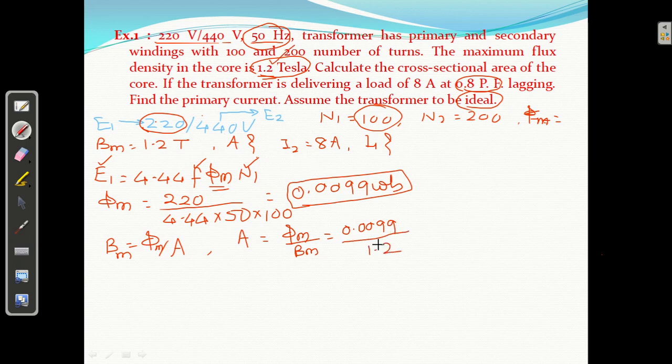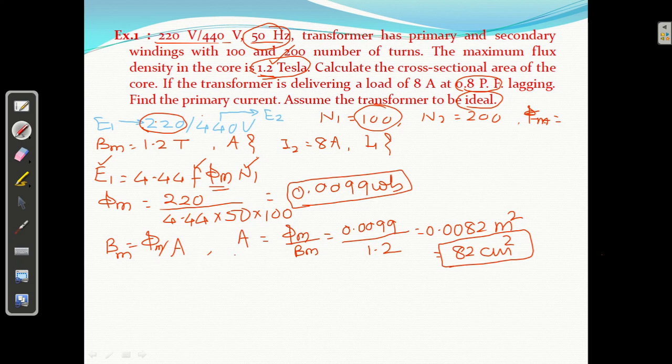Dividing by 1.2, I am getting 0.0082 meter square, which equals 82 centimeter square. That is the first answer I am getting.